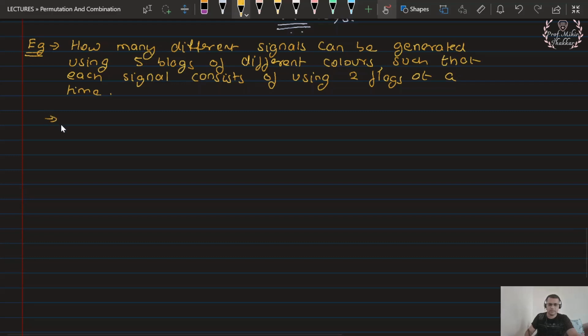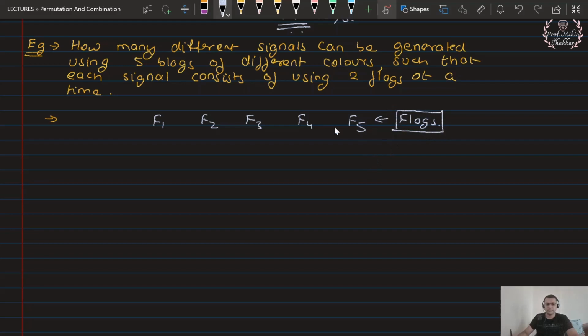Now see, it is very easy. Suppose I consider F1, F2, F3, F4 and F5. These are the flags of different colors, and it says we have to form a signal consisting of 2 flags at a time.